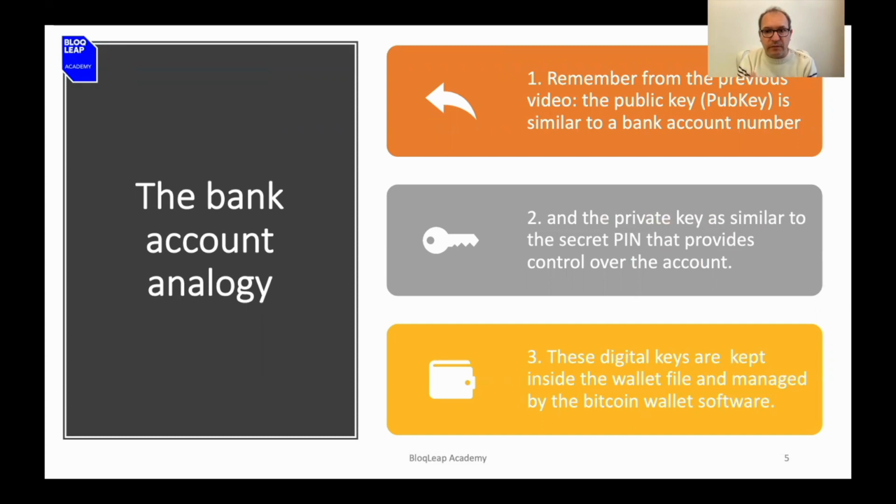Very important. And these digital keys are kept inside a wallet file and managed by the Bitcoin wallet software. Okay, this is very important. So you can say, oh yeah, but if I lose my phone, am I going to lose my keys? If you lose your phone, you can buy a new one, go and download the wallet, let's say Abra, because I'm using Abra wallet.